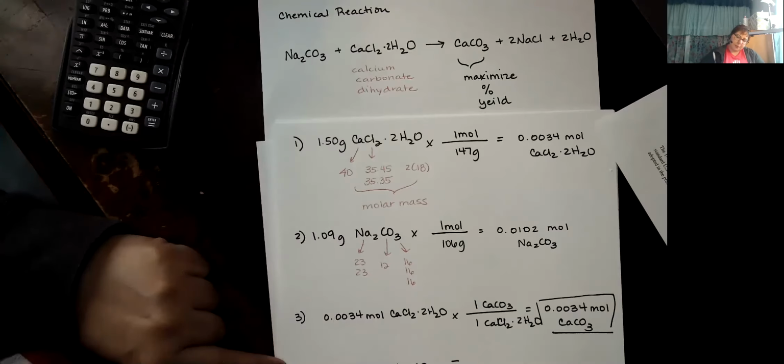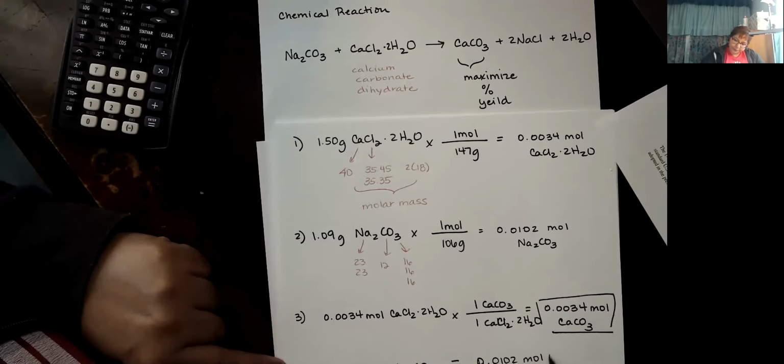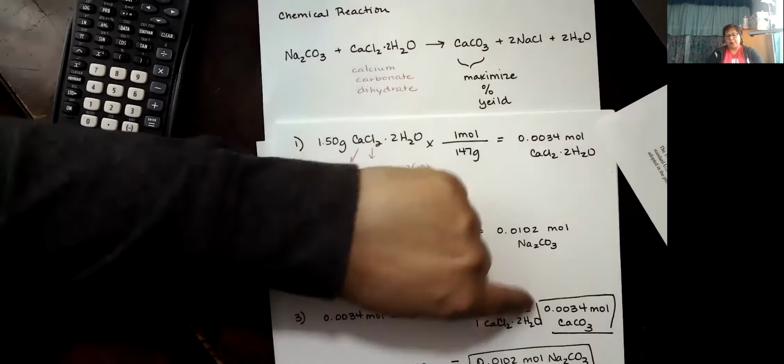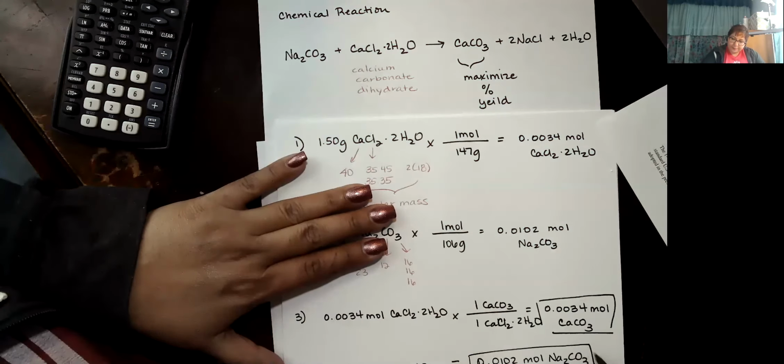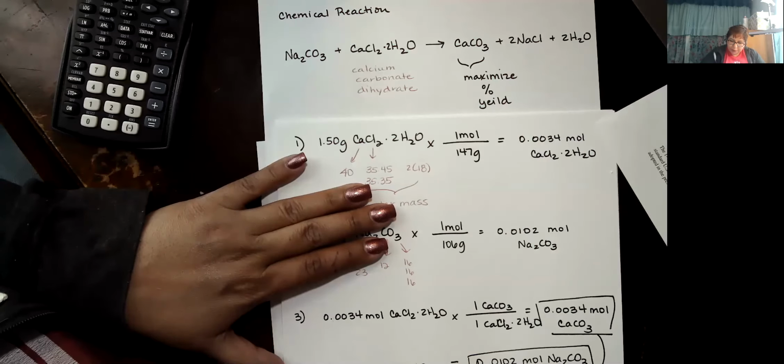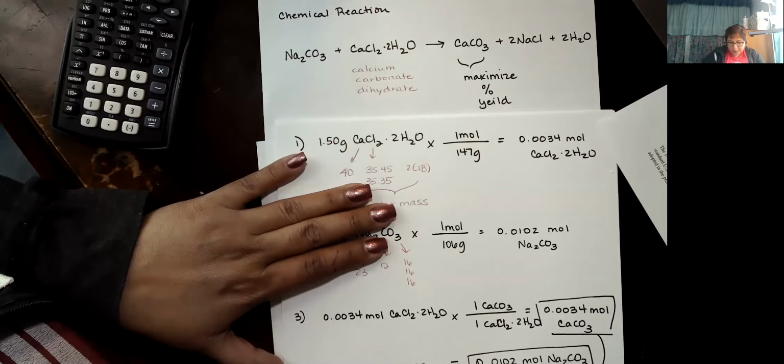That is so nice that whoever designed this lab picked something with the 1-to-1 mole ratio. So I can set up the problem, or I can just say that the number of moles is equal, 0.0102. What both of these represent is my theoretical yield of calcium carbonate based on initial amounts of each reactant.